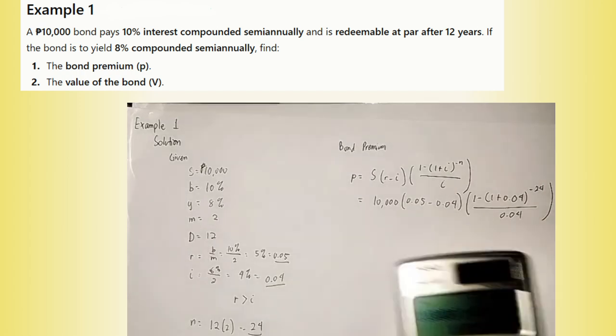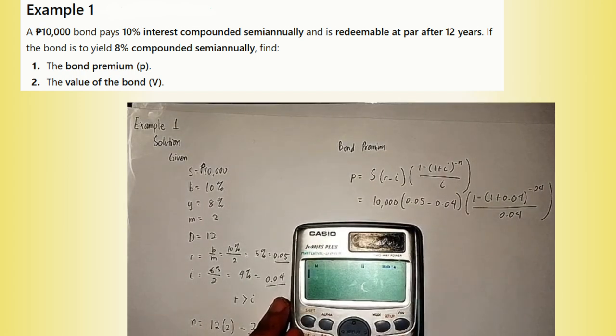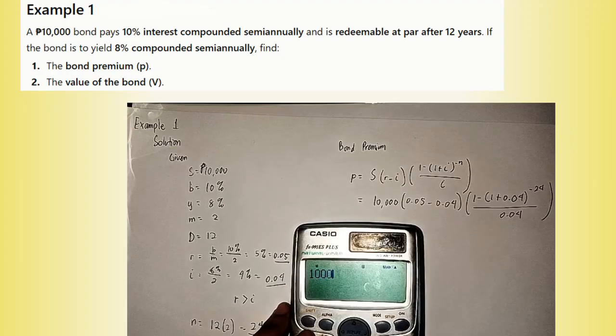Now let's calculate using our scientific calculator. 10,000 times (0.05 minus 0.04) times (1 minus (1 plus 0.04) to the power of negative 24) over 0.04.